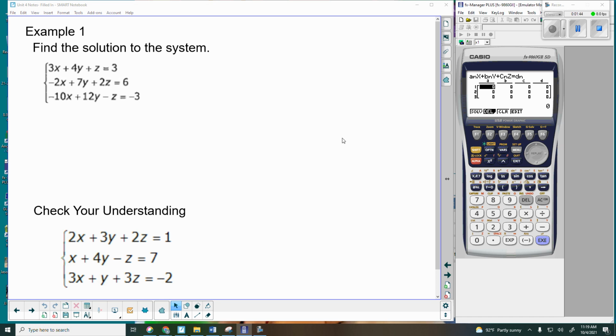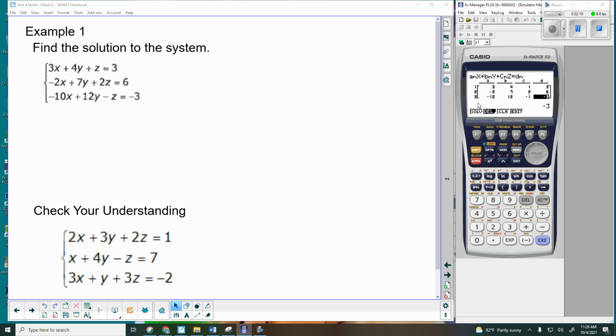on the other. So 3, 4. If there's not a number there, remember that's a 1, 3, then next line, -2, 7, 2, and 6. And then final row, -10, 12, -1, and -3.